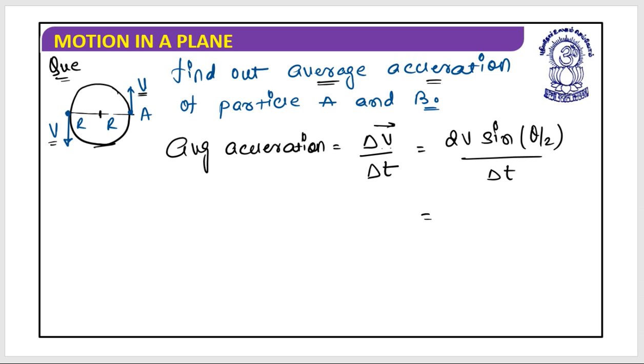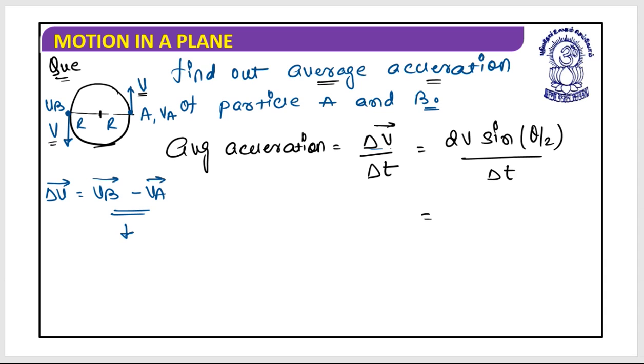So this is basically a subtraction. If I write this vector as VA and this vector as VB, what I am supposed to do is VB minus VA. So directly or indirectly, this is the relative velocity only.